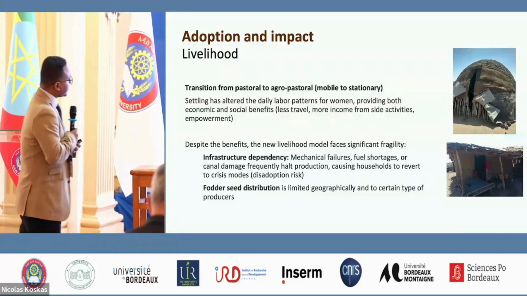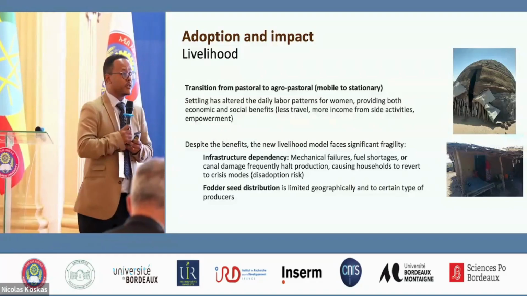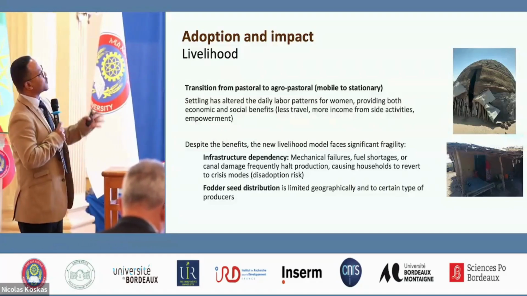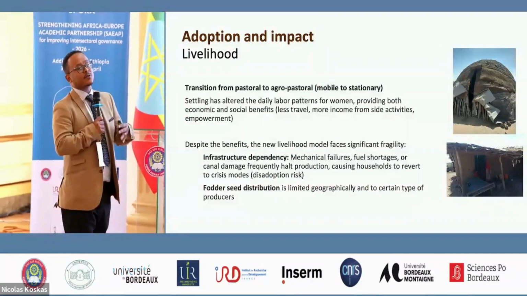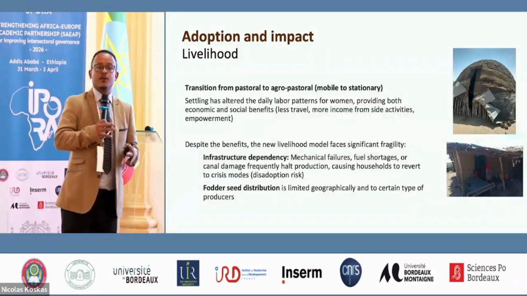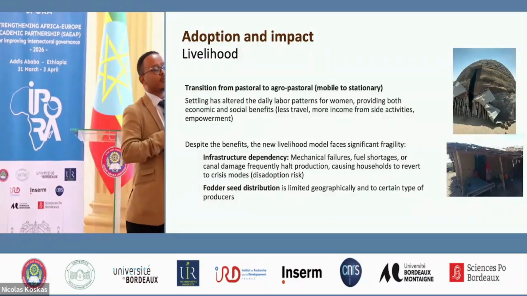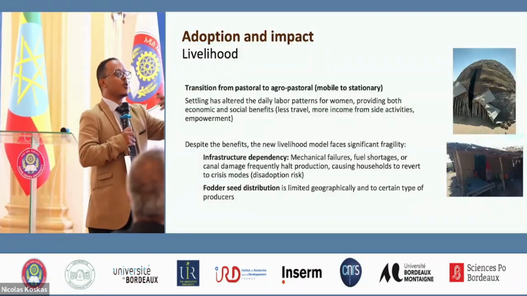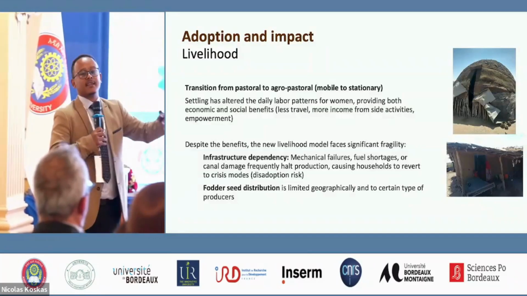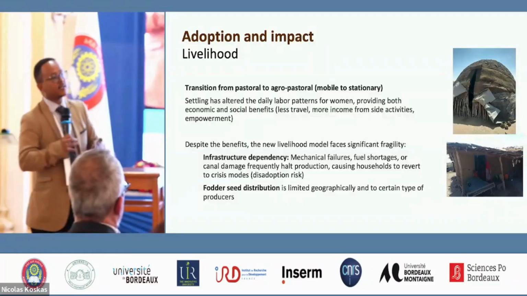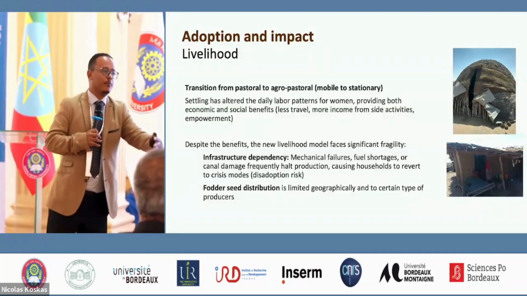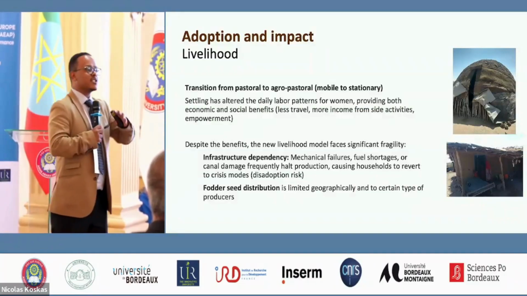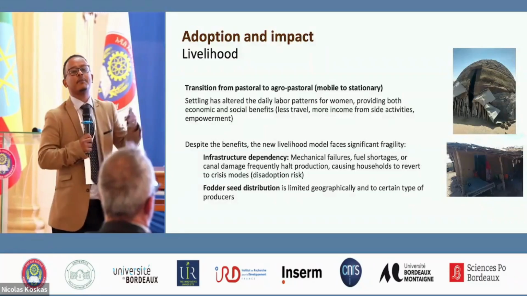One is a livelihood change, a transition from pastoral to agro-pastoral, and sometimes even to a stationary livelihood, because now they have improved fodder. They don't need to go and search for grazing land, and instead they have the fodder in their backyard or nearby. So that's a total change of the way people live.